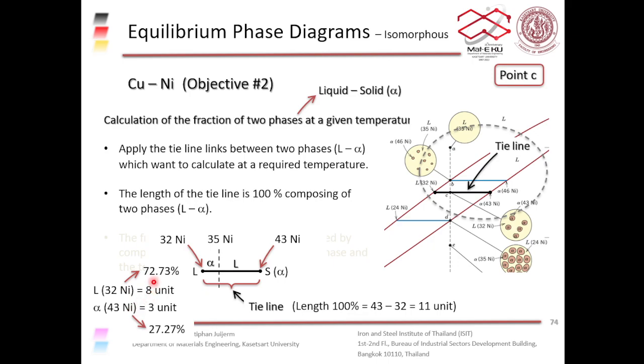So if you take 32%, multiply that by 72 kilograms, you get the amount of nickel in the liquid phase. And if you take 27 kilograms multiplied by 43% nickel, you get the amount of nickel in the solid phase. And you take those two numbers together, that makes up 35 kilograms of nickel, right?